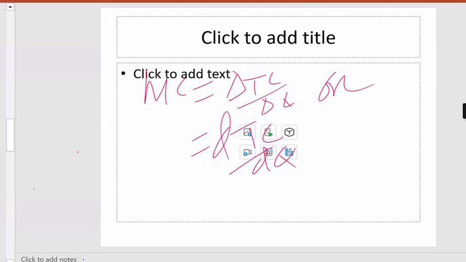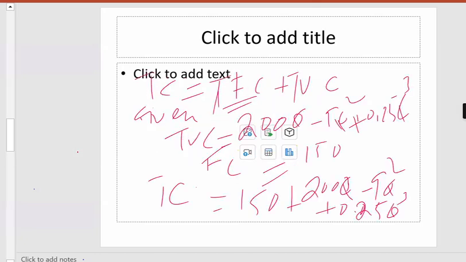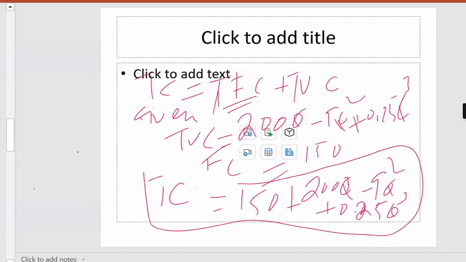But if you are given an equation, you have to differentiate in order to get the marginal cost. Hope you are together. If you fail to find the total cost, you cannot get the marginal cost. So it is very tricky.